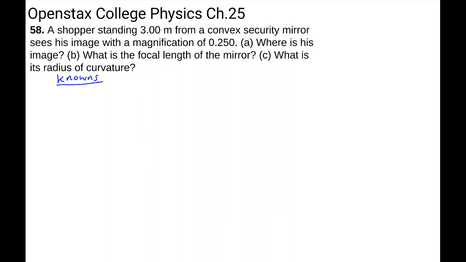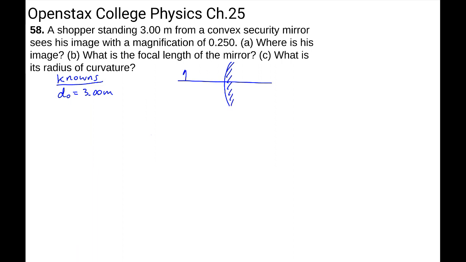So we are told that the shopper is standing 3 meters from a convex security mirror. Obviously, the shopper is going to be standing in front of the mirror, so that means that the shopper's object distance is 3 meters. We're told that it's a convex security mirror, so let's just jot down what this would look like. So here is the back of the mirror.